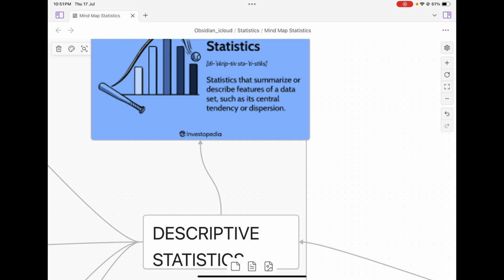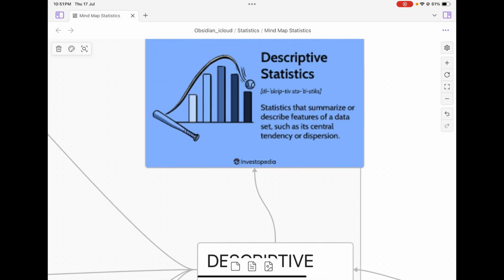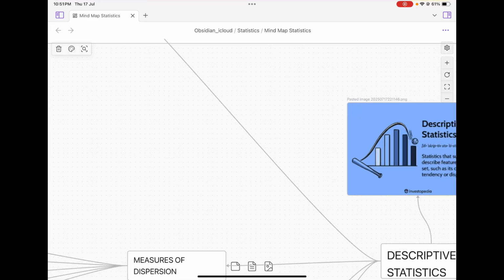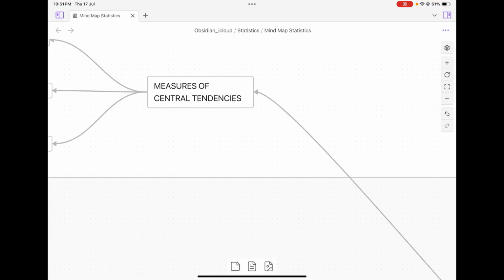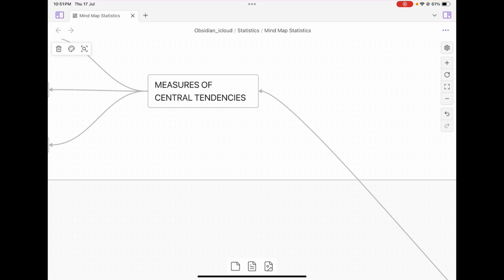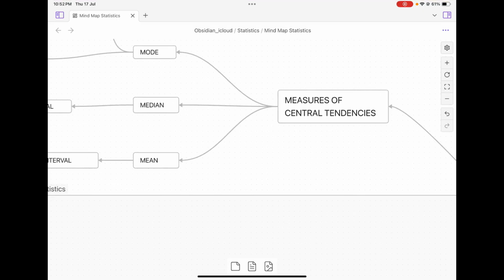What do you mean by the features of the data? Like central tendency or dispersion. Let us see what features we are going to learn. Mainly we will study measures of central tendency like mean, median, mode.